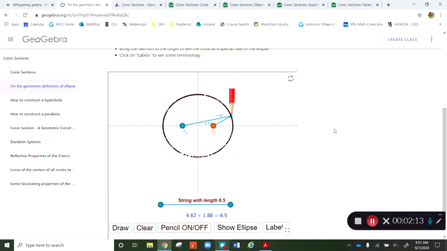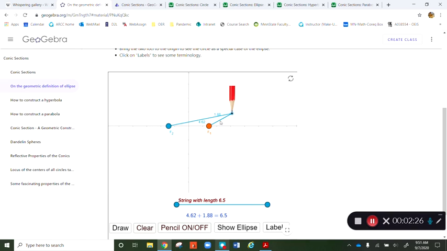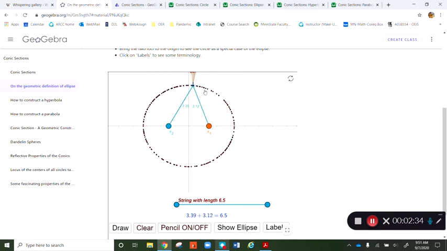So that's the difference between a circle and an ellipse. A circle has one central point. An ellipse has a center point, but you have these 2 points called foci, which is the plural of focus. So you have a focus on the left and a focus on the right. And those are the points where the string is attached, and you're tracing around by sliding your pencil along that string of a fixed length.